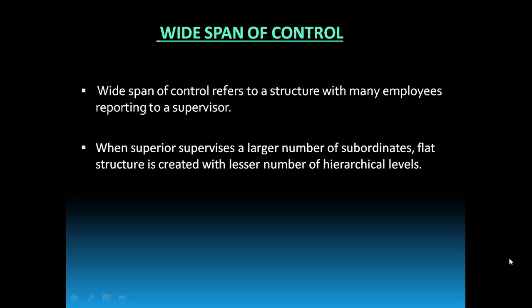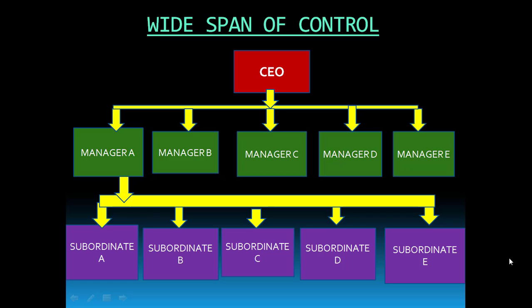In wide span of control, the structure is flat. In narrow span of control, the structure is tall. And in wide span of control, there are very few hierarchical levels, and in narrow span of control, the hierarchical levels are more. Now, this is a diagrammatic representation of wide span of control. So here we see at the top management there is a CEO, and under the CEO there are 5 managers, and under each manager there are 5 subordinates.